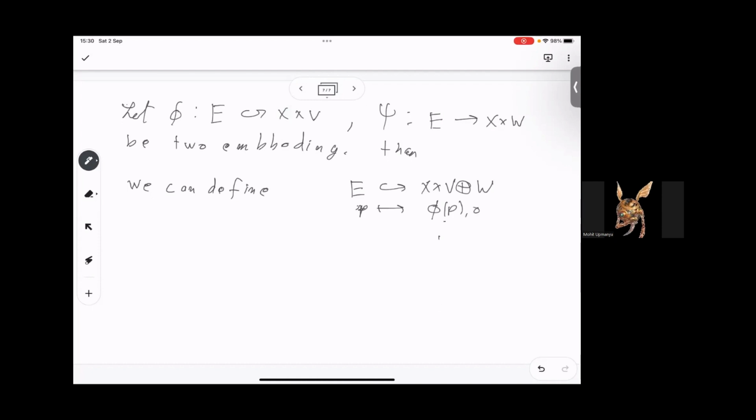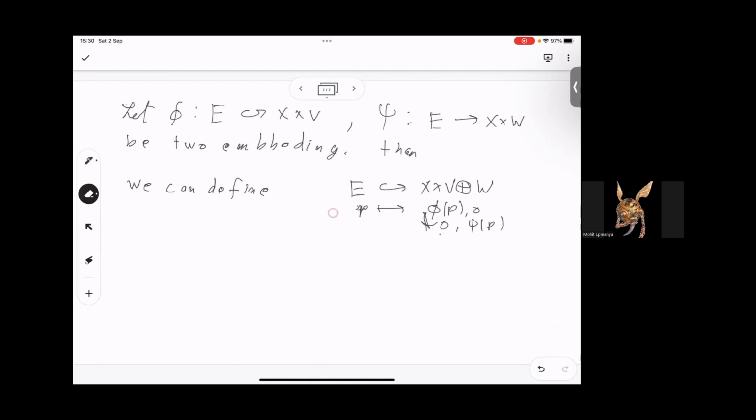Another option is 0 comma phi of p. Or we could do something like a diagonal, in the sense of psi p comma phi p. So there are three embeddings we could obtain, but the idea is we can draw a straight line from the first embedding to the second embedding, which will have this third embedding obtained at the point half.